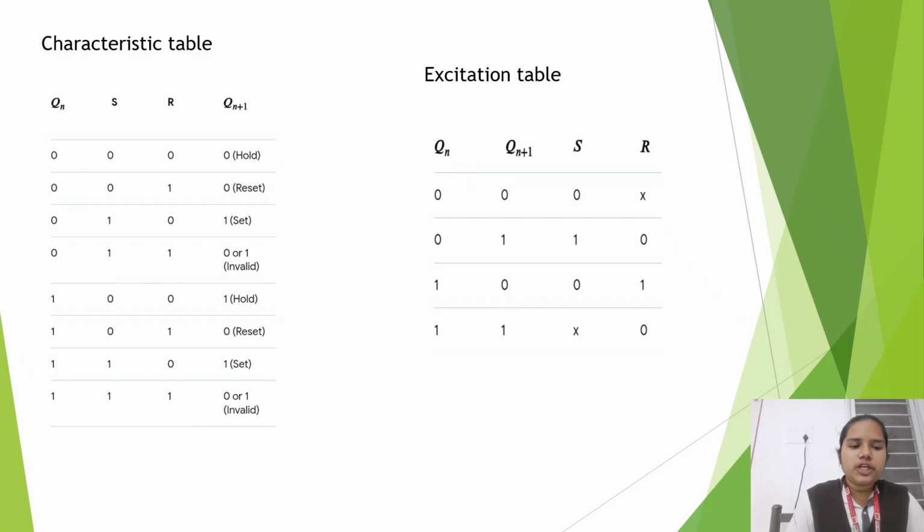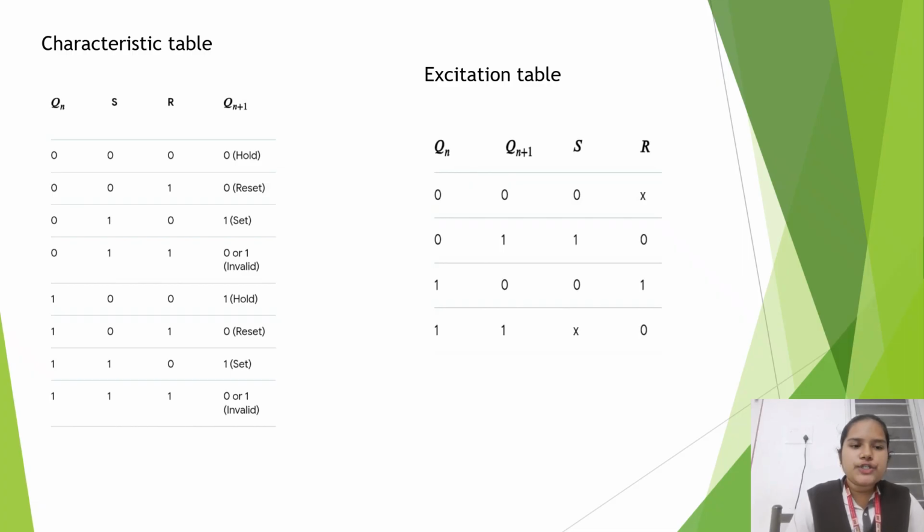Here also Qn equals 1 and S equals R equals 0, we get next state as 1, that is also called hold state. These are called hold states. Here Qn equals 0, S equals 0, R equals 1, the state becomes 0, and Qn equals 1, S equals 0, R equals 1, the state becomes 0. These two states are called reset states.